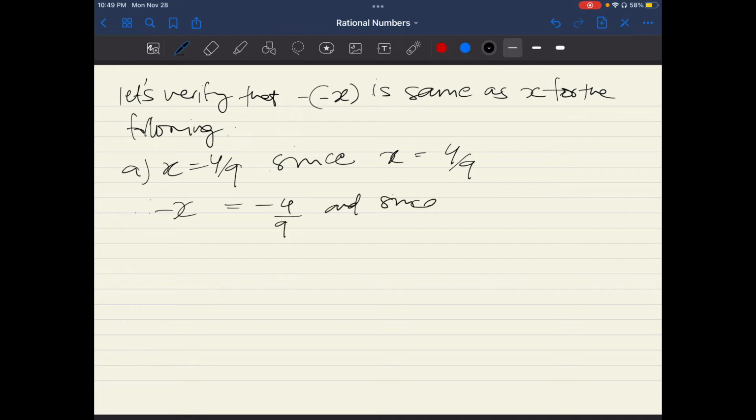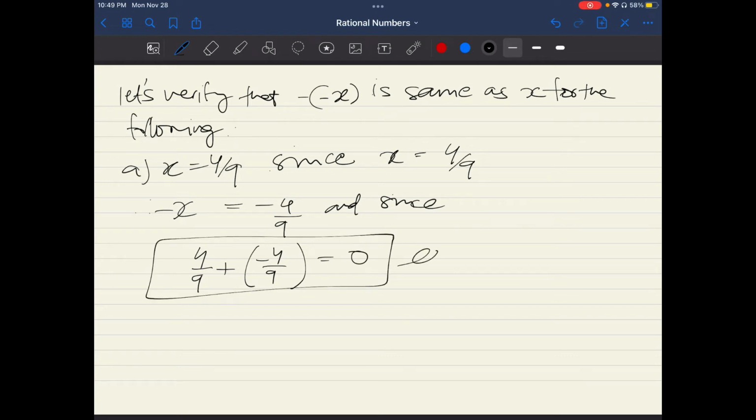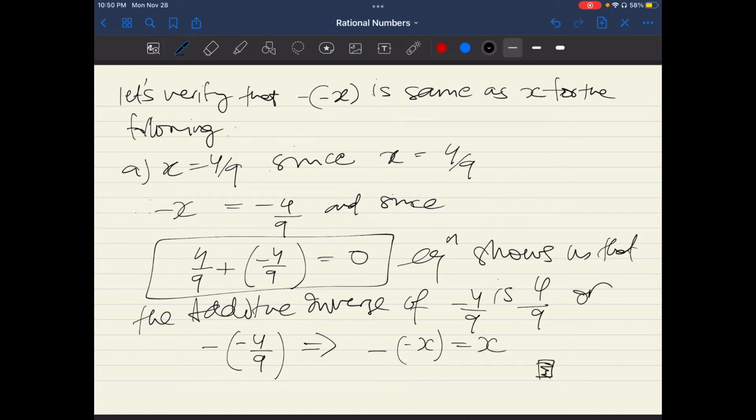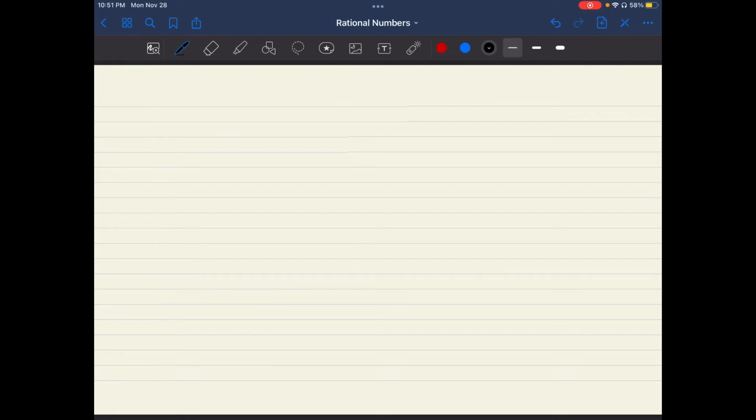And since 4 over 9 plus minus 4 over 9 equals 0, this same equation shows us that the additive inverse of minus 4 over 9 is 4 over 9, which implies minus of minus x is actually x.